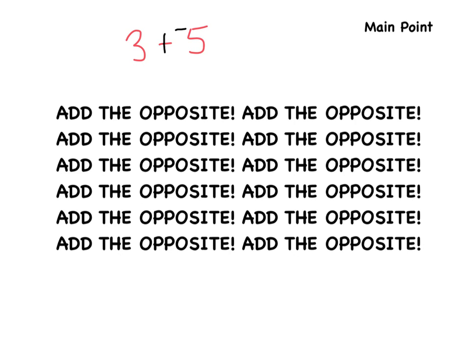In this case, this was a positive 5, but we added the opposite of a positive 5, we changed it to a negative 5. That's the important part. We add the opposite.